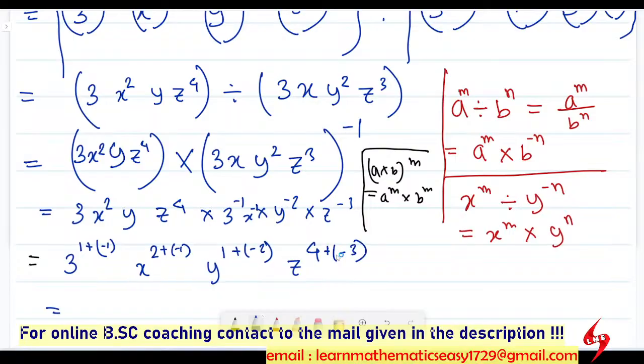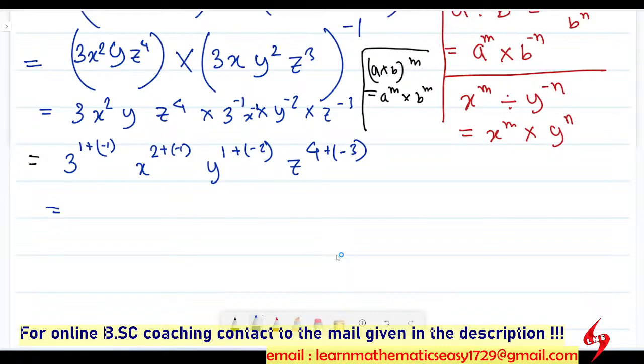So 3 to the power 0, x to the power +1, y to the power -1, and z to the power 1. So the answer will be xz by y, because the power is 0, so it gets back to 1.